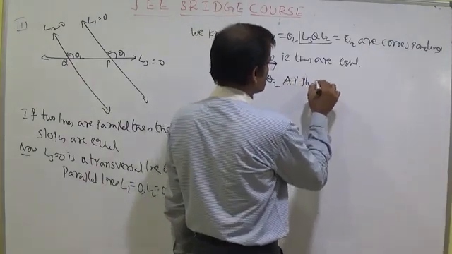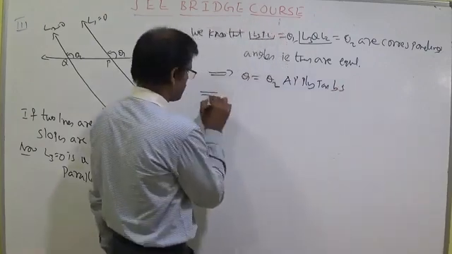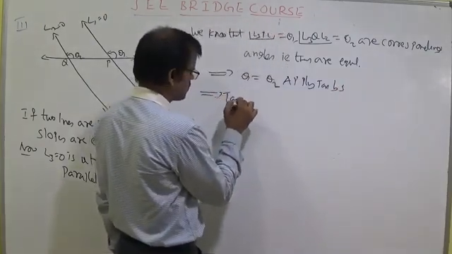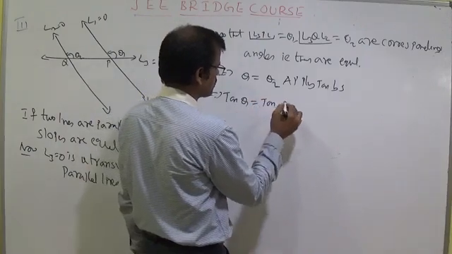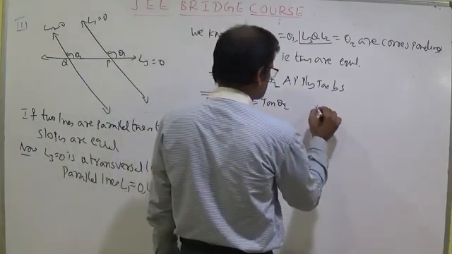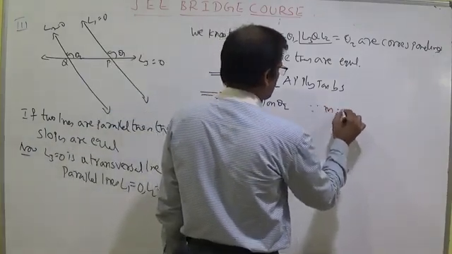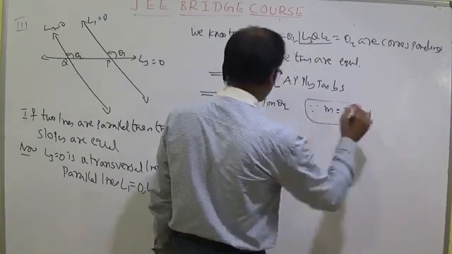Now you can apply tan both sides. That implies tan theta 1 is equal to tan theta 2. We have mentioned tan theta as m.